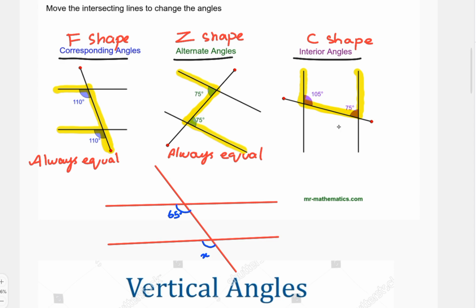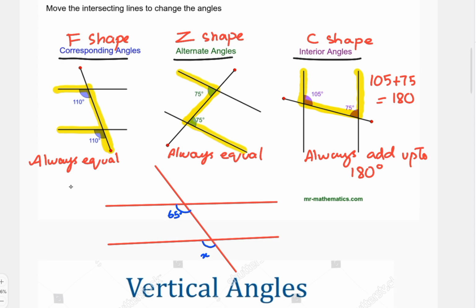So basically, the interior angles always add up to 180. You can check, 105 add 75 makes 180. So they're always going to be like this.